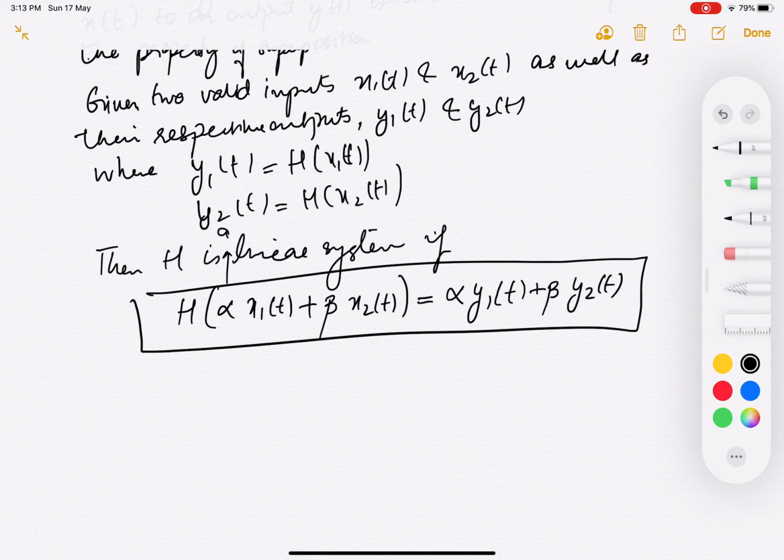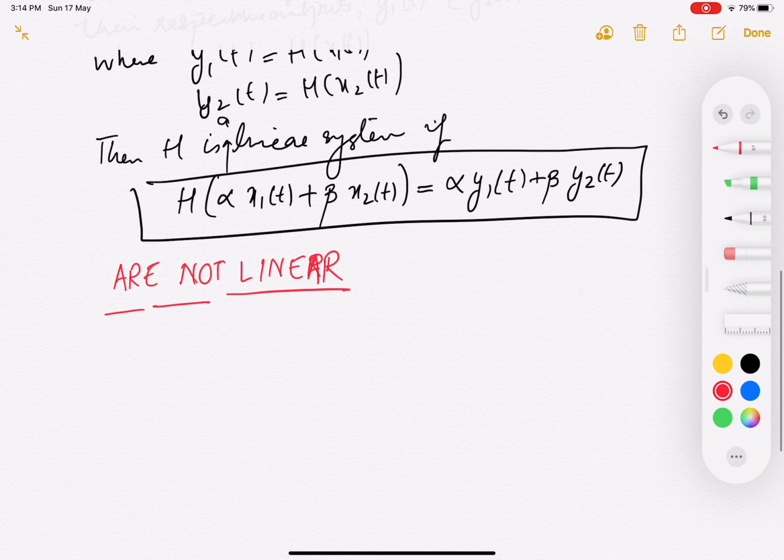So these systems are linear systems, and they're quite simple to analyze, understand, and control to some extent. But in general, systems that exist in nature are not linear. If they are not linear, that means they don't satisfy this principle of superposition, and those systems are called nonlinear systems.